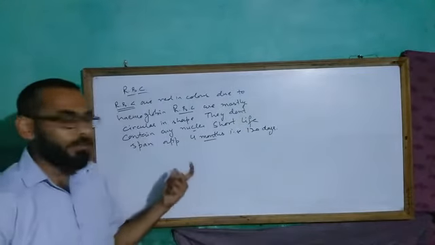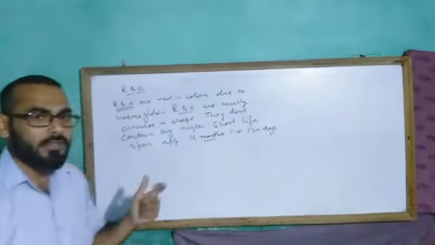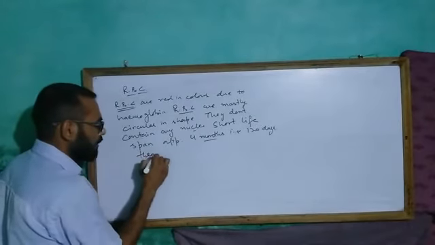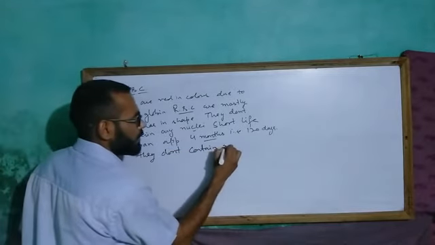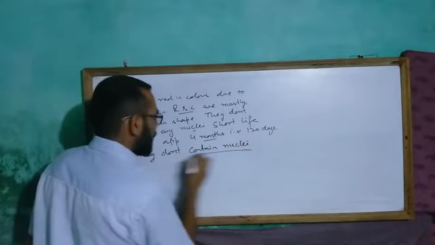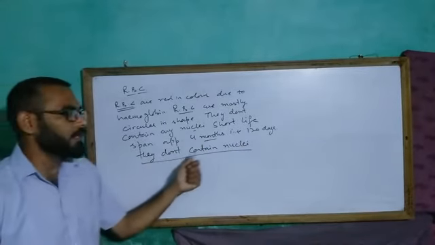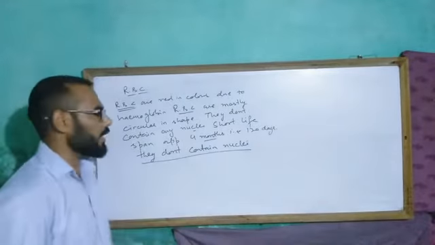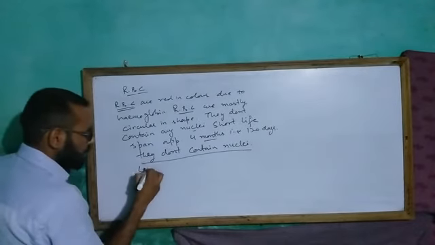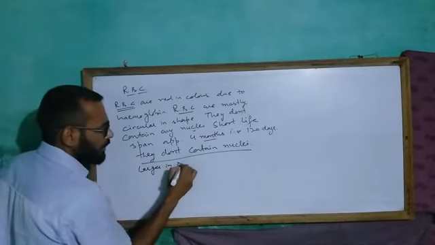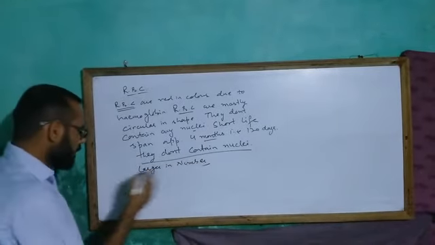The main reason behind the short life span of these RBCs is that they don't contain nuclei. These are larger in number in blood.